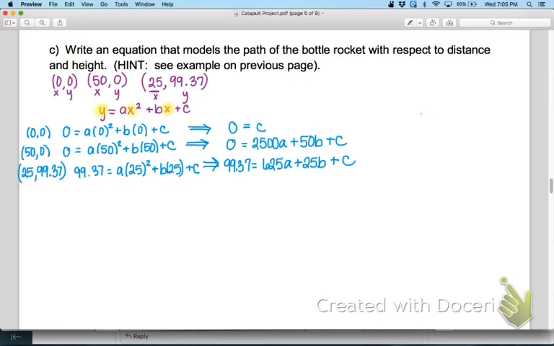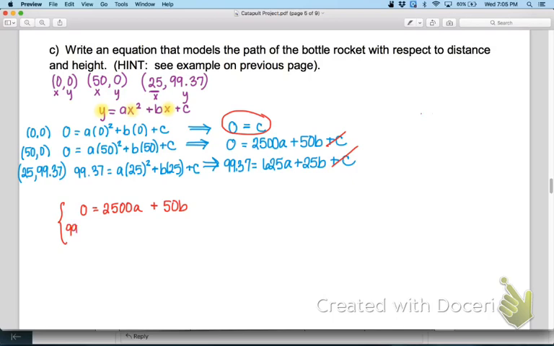Now, what makes this really nice is we already know one of the variables. We know that c is 0, and that means we can just get rid of c in both cases. It doesn't matter because c is equal to 0. So what we really want to look at is this 2-variable system. 0 equals 2500a plus 50b.